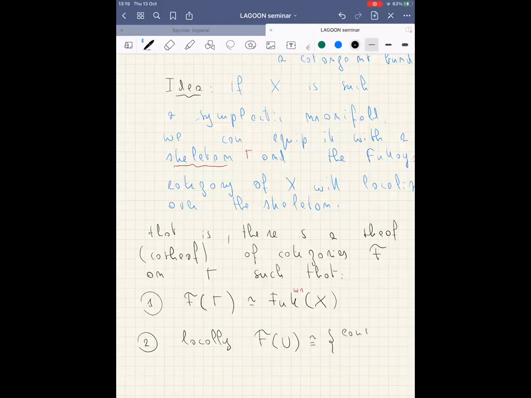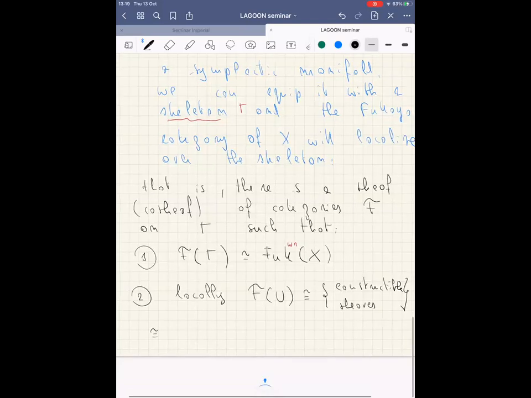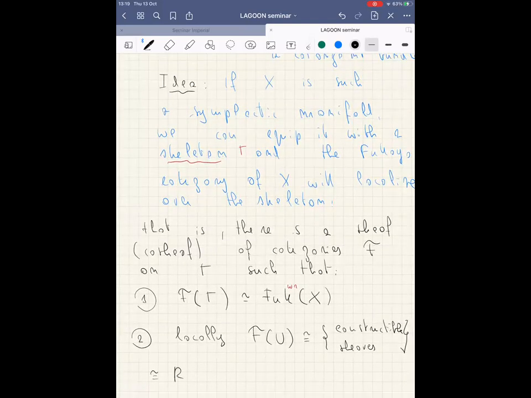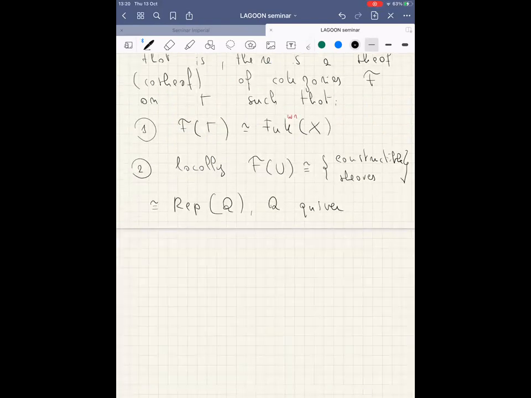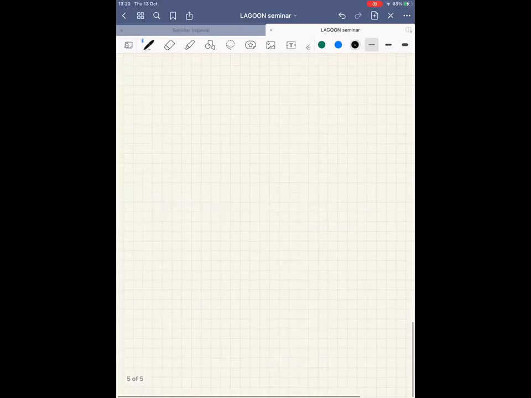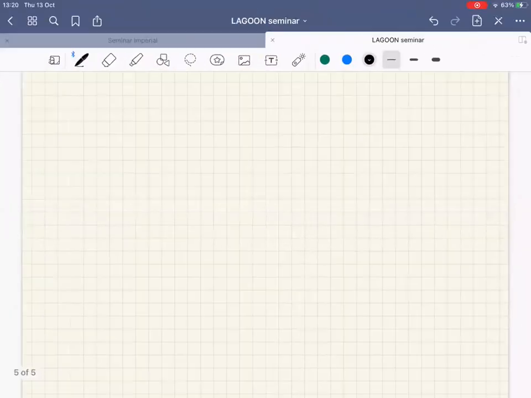Let me just write it. I'm sorry, I'll change the orientation of the tablet in a second. I don't know why I haven't done it yet. And this would be the same as Rep Q, where Q is a quiver. So what is the idea here?